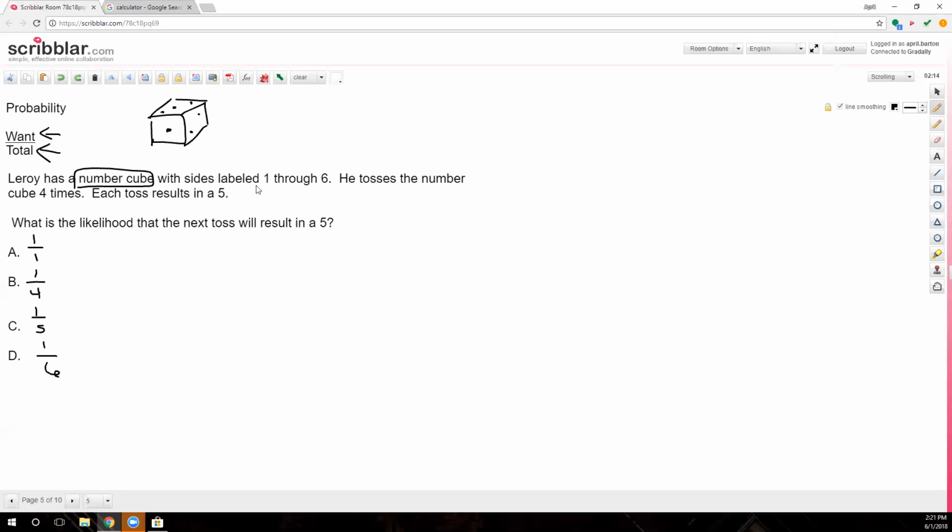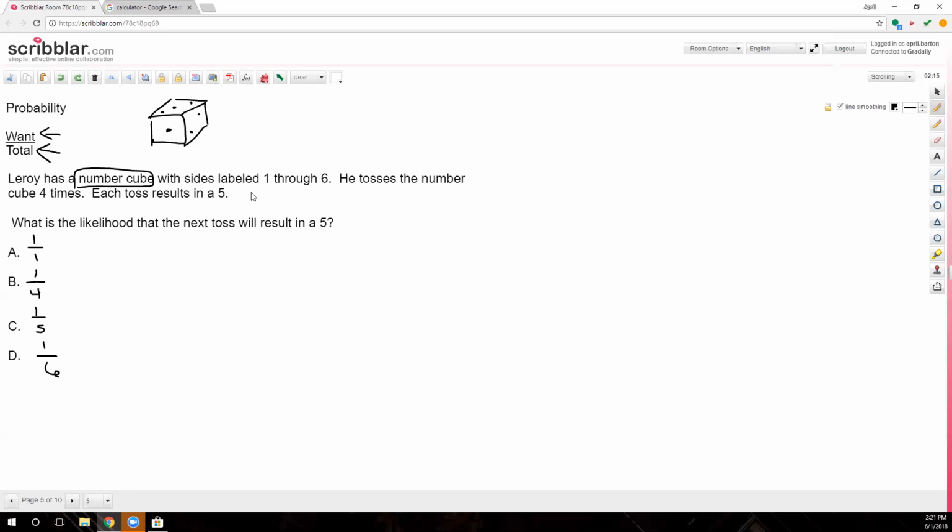So with sides labeled 1 through 6, he tosses the number cube 4 times. Each toss results in a 5. What is the likelihood that the next toss will result in a 5? So they're trying to be a little bit tricky here because they listed all the other tosses. If they don't keep an entire chart and say base your answer off this chart, they would use the words like experimental probability.